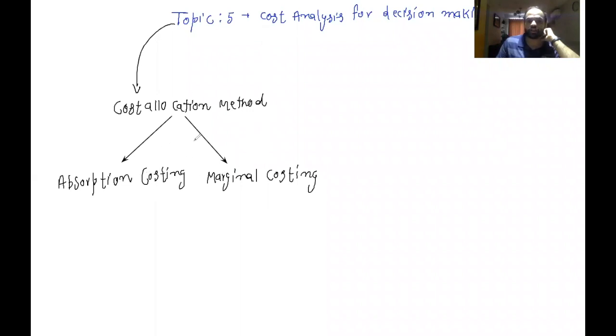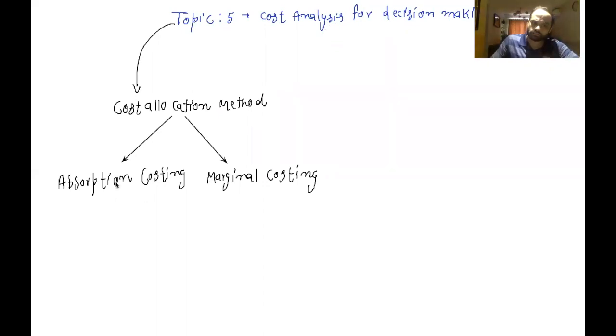So we have two different methods here. I hope you remember your second topic, in which we discussed the different types of cost by behavior and cost by function, or cost by operations.